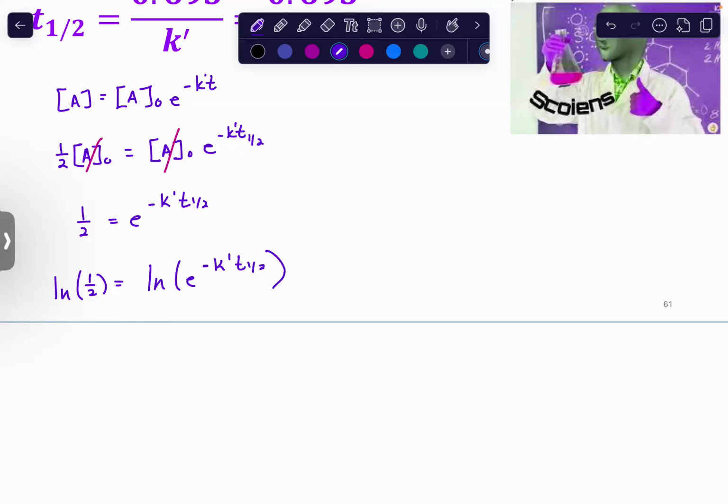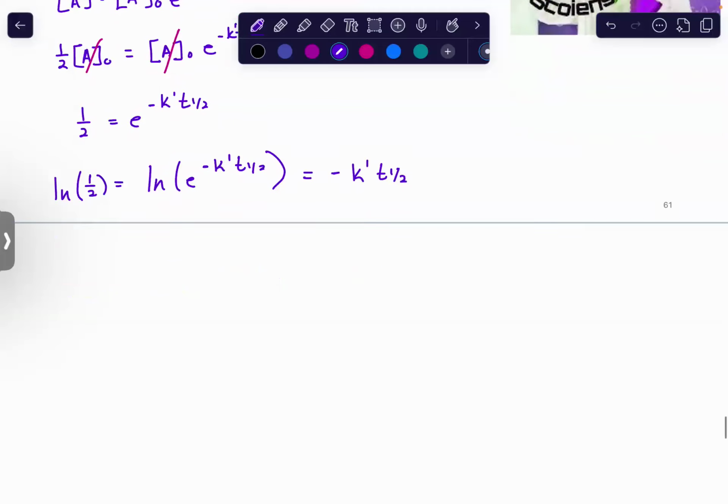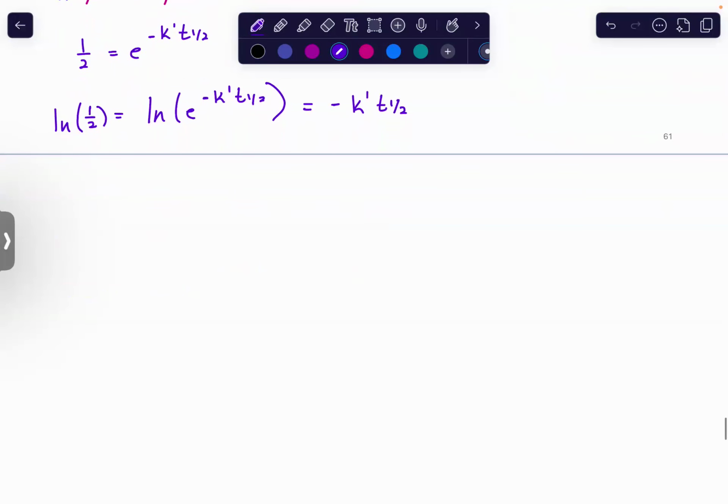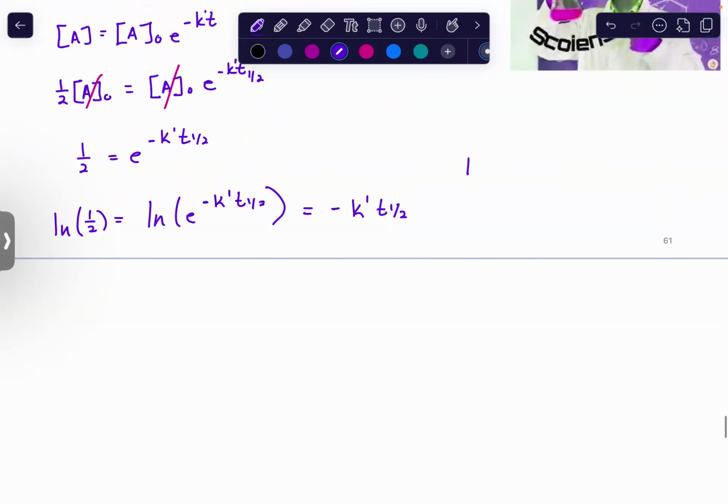Now, if I exponentiate a natural log and get what's inside the natural log back, what happens when I natural log an exponential? Yeah, so the natural log will get rid of the exponential, and that's just going to give me minus k' t1/2. Now, do you remember in the first order half-life, what was the natural log of 2?